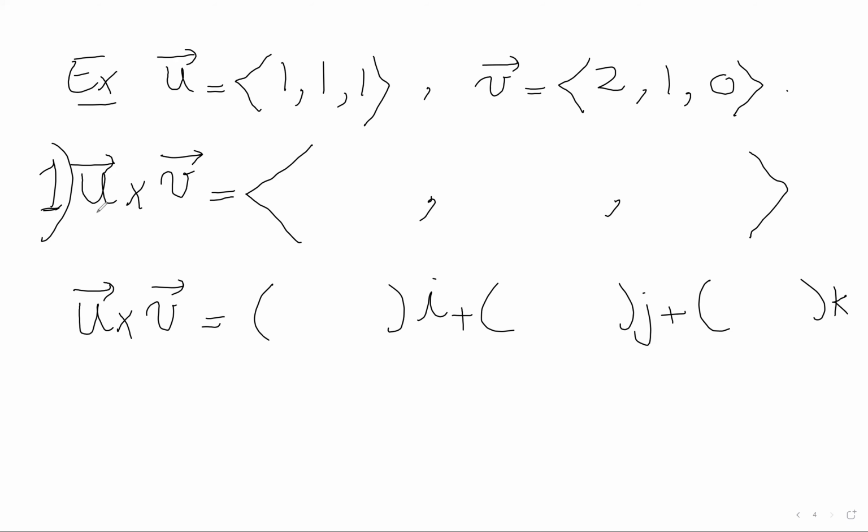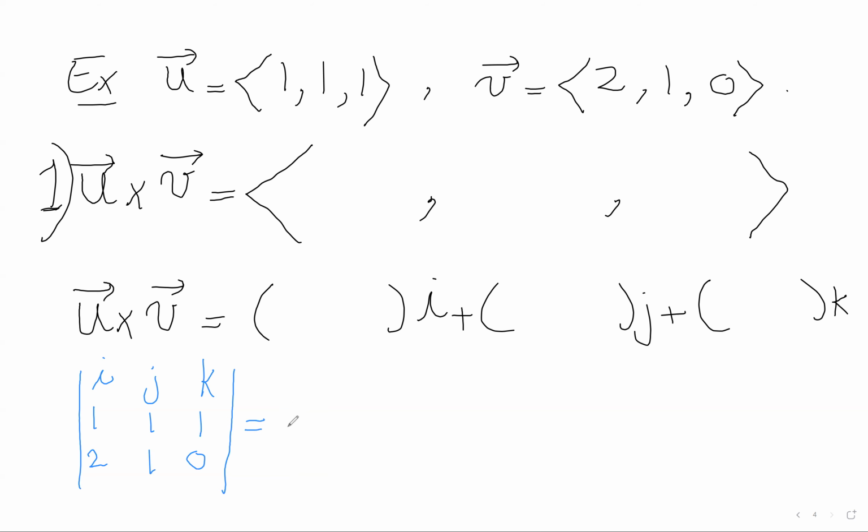Okay, so U cross V, I can do this determinant and come up with the answer. The first vector U goes here, 1, 1, 1. The second vector, 2, 1, 0. So when I expand over the first row, I will have something times i.